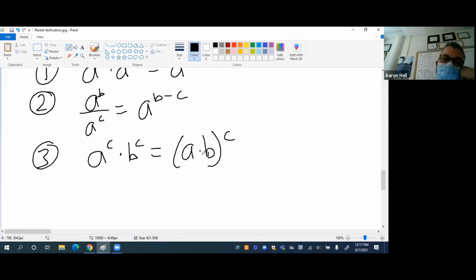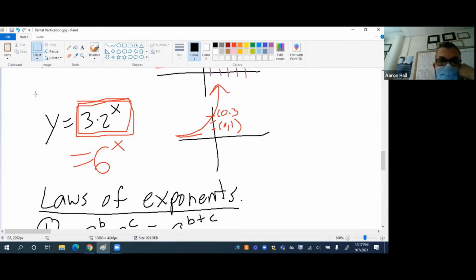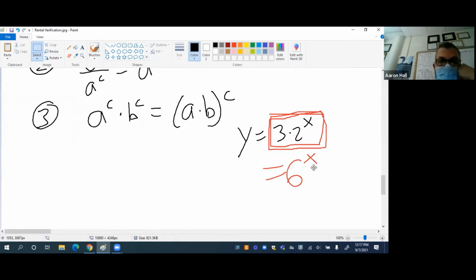And actually, it's this one, Bentley, that I want you to look at. I'm going to go back up here and steal this. Why is this not true? It does have an exponent, it has an implied exponent. It doesn't have the same exponent. We don't have the same base.